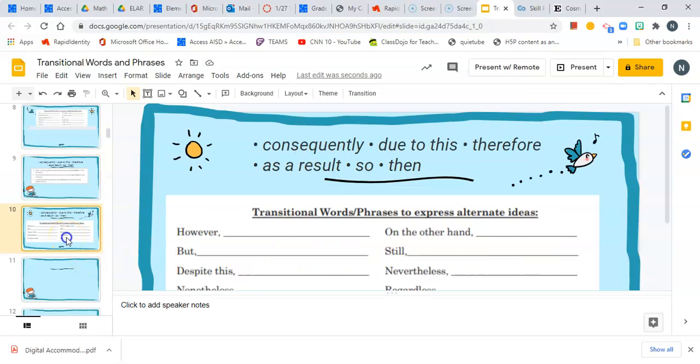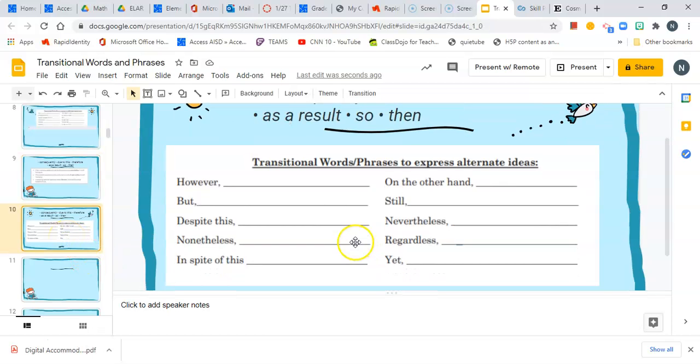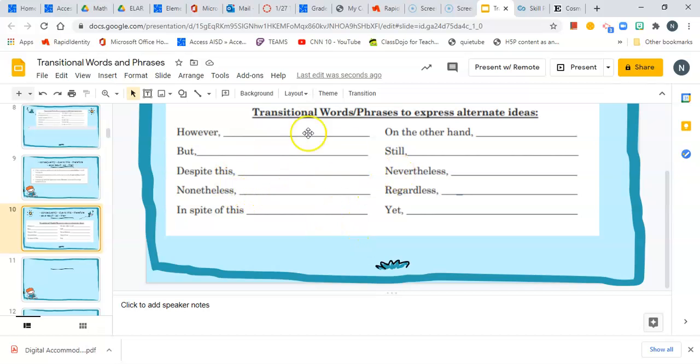On slide number 10, we have the transitional phrases that show alternate ideas: however, but, and notice there's a comma after all of these, despite this, nonetheless, in spite of this, on the other hand, still, nevertheless, regardless, yet.